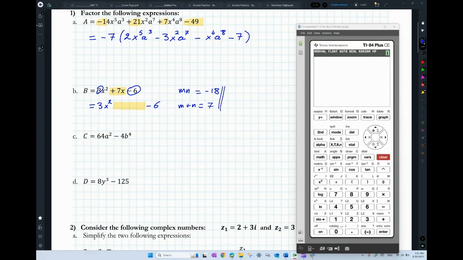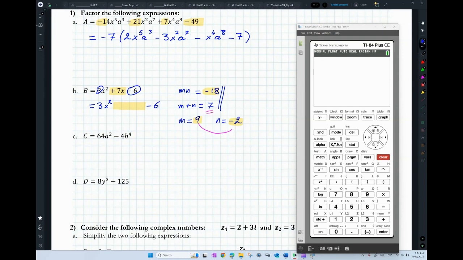And given those conditions, that means that m will be equal to +9 and n would be equal to -2, or vice versa. As you can see, 9 times -2 is -18, and 9 plus -2 is +7.